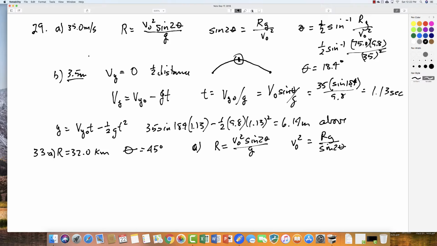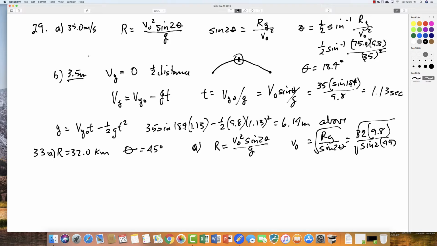And if we take that square out and make this a square root, that should give us the answer. This is 32 kilometers times 9.8 divided by the sine of 2 times 45 degrees, which is 90 degrees. The sine of 90 degrees is 1, so you end up with the square root of 32 times 9.8.